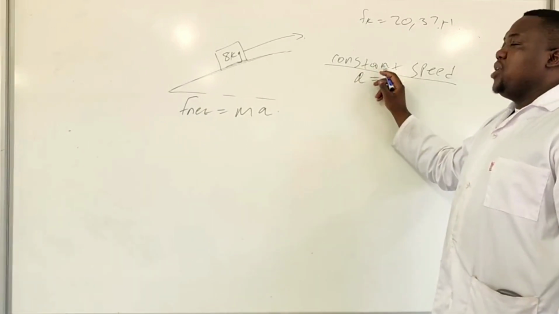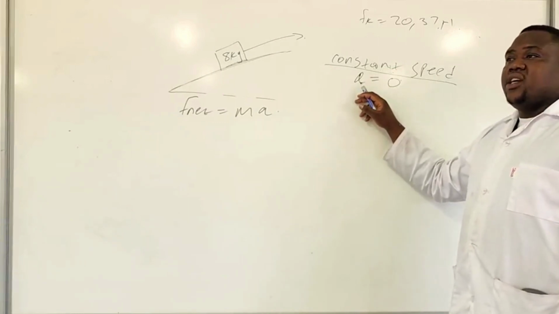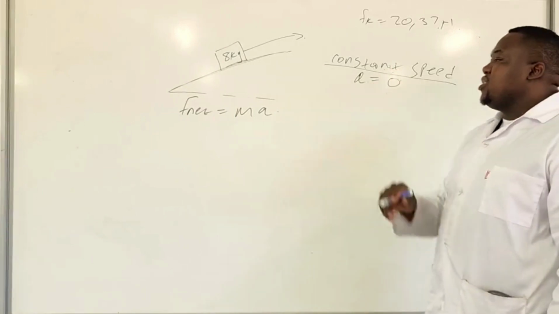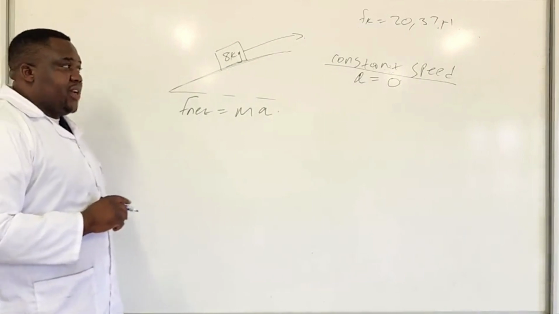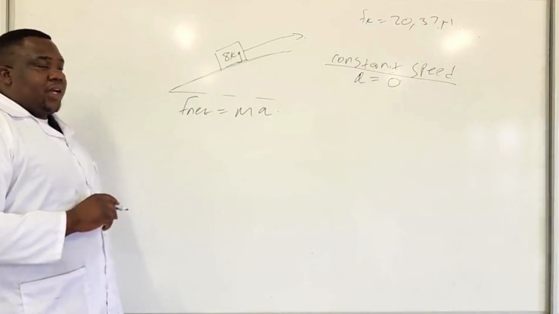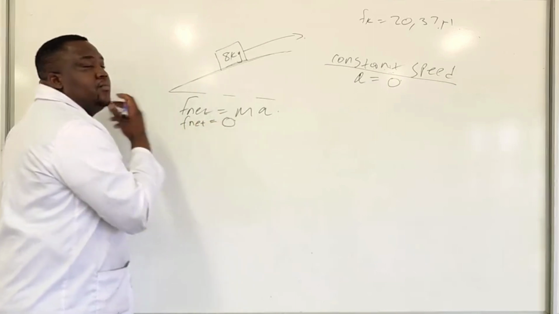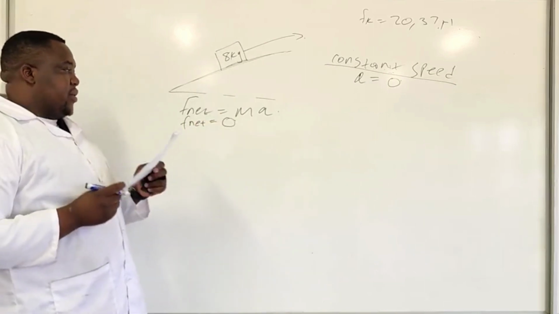Constant speed means the speed is not changing, yet acceleration means the change in speed. So the acceleration is 0. Since that object is moving at a constant speed, F net is equal to 0.